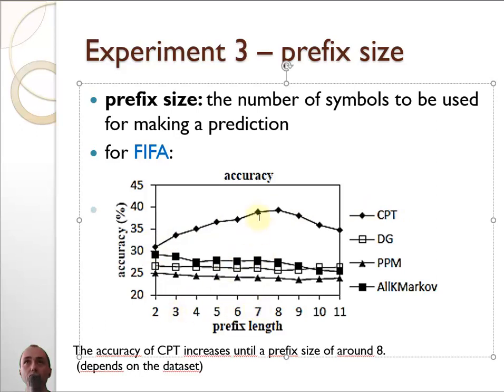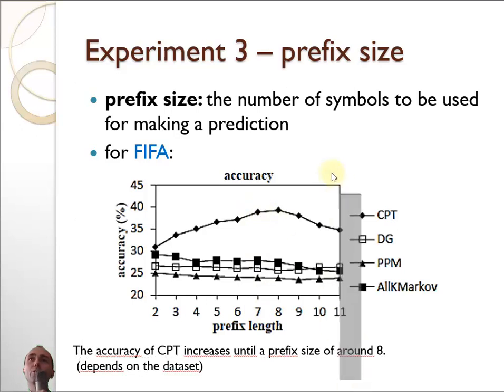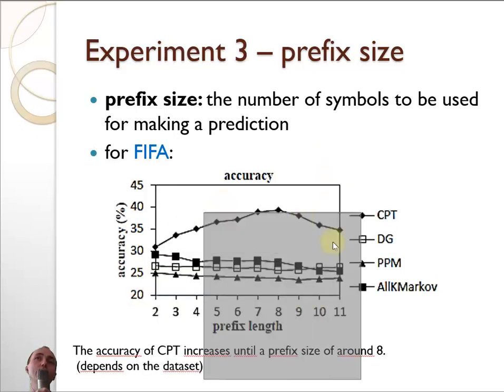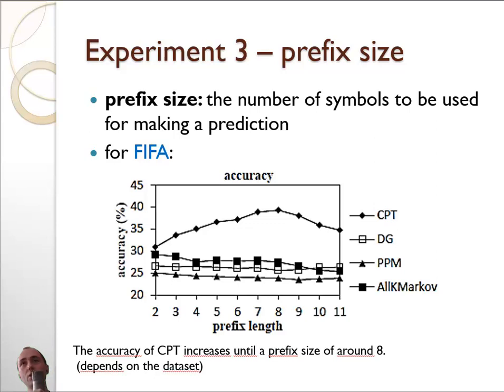If we use 7 symbols, we have 38 maybe percent accuracy. If we use 11 symbols, we have the accuracy decrease again. So by doing this experiment for one database, we can find more or less how many symbols we should look at to do some prediction.